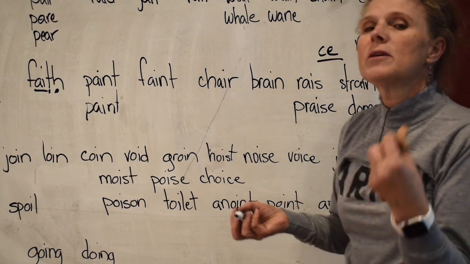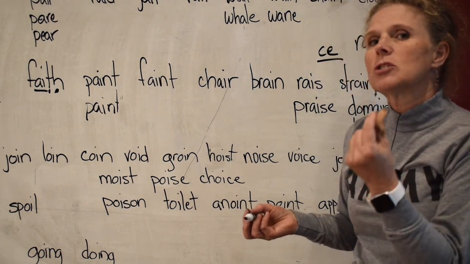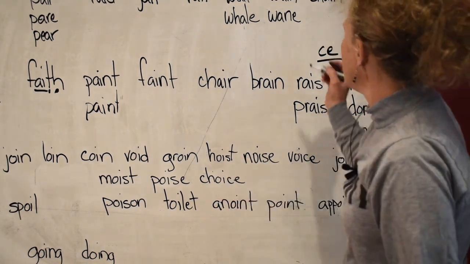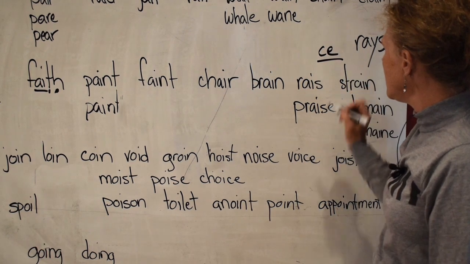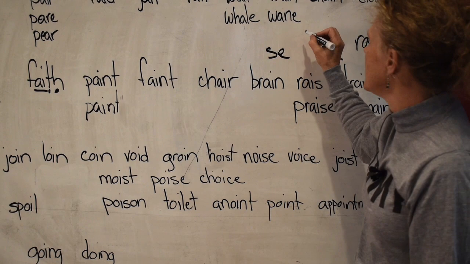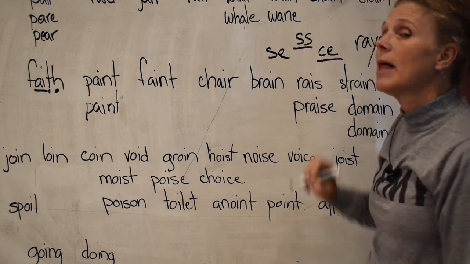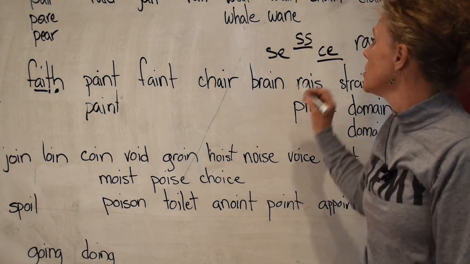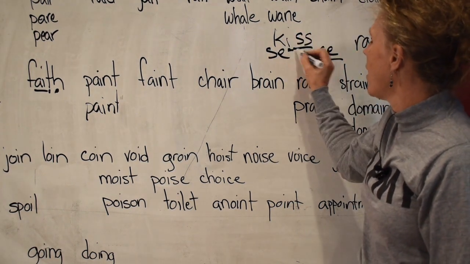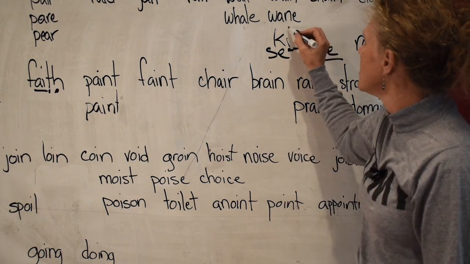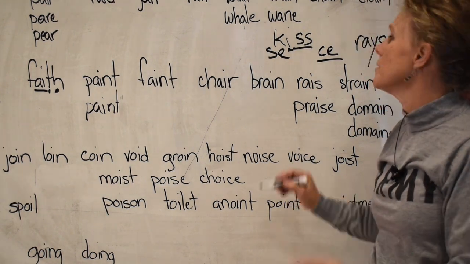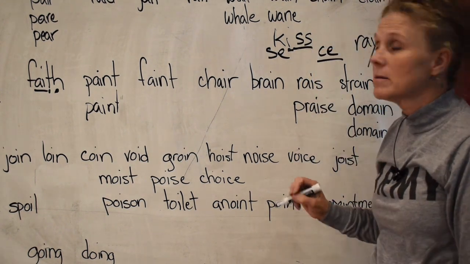So if you want the S sound and it's not going to be plural, it's just part of the word, it needs to be either a CE, an SE, but most likely a CE, or it needs to be a double S. And double S's are only used when you have one vowel and two S's, so it's in a one-syllable word, and that's when you use the double S.